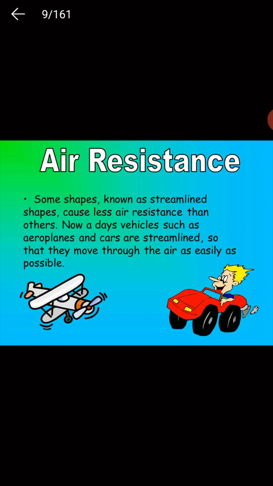But we can reduce air resistance, and how that is done is called streamlining. Streamlining is the shape where the vehicles are narrowed from the front so that they can move easily in the air.